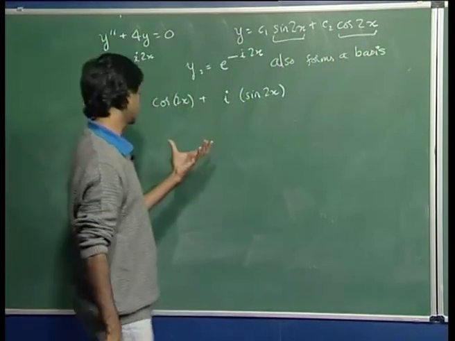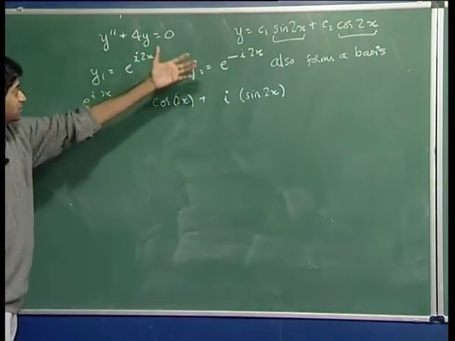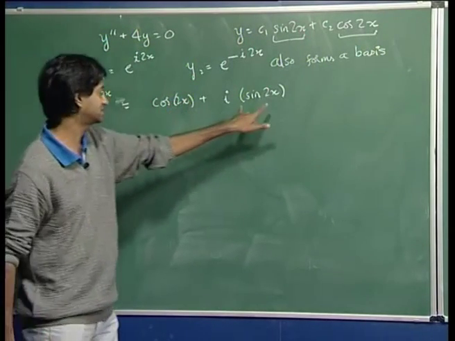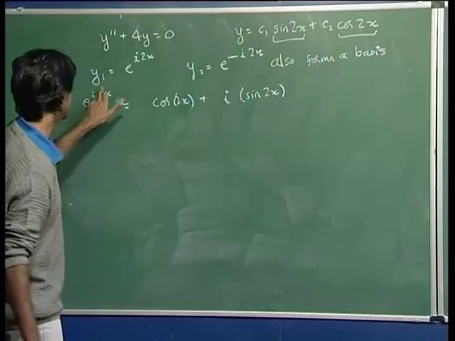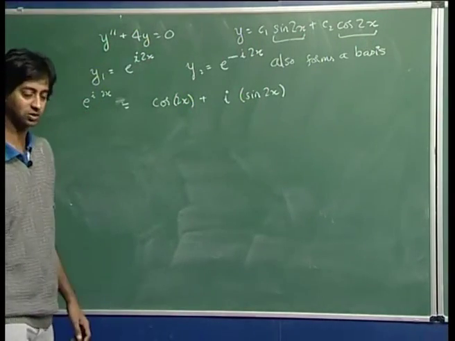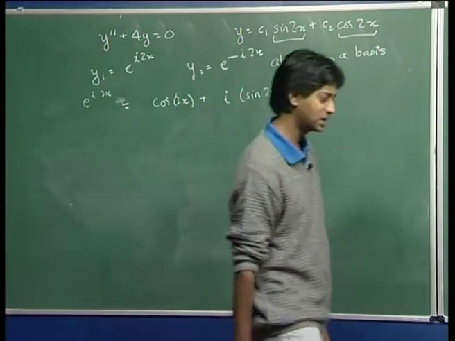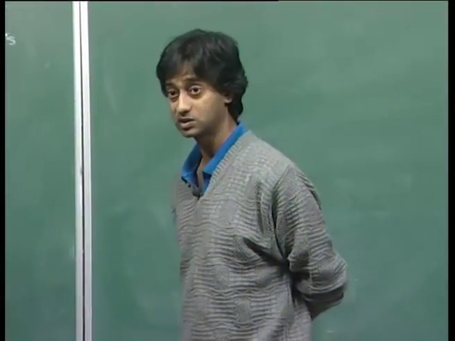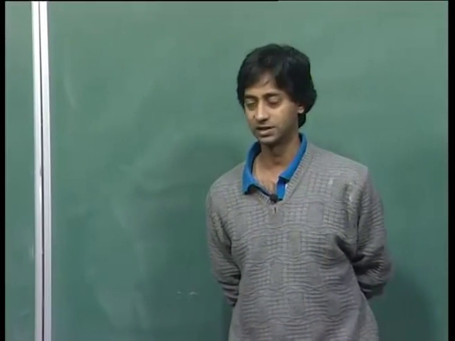So you can go from one basis to the other. If cos 2x and sin 2x are a basis, then e to the 2ix and e to the minus 2ix also form a basis. So you should not be surprised if you get very different looking forms of bases, because indeed the bases are not unique.